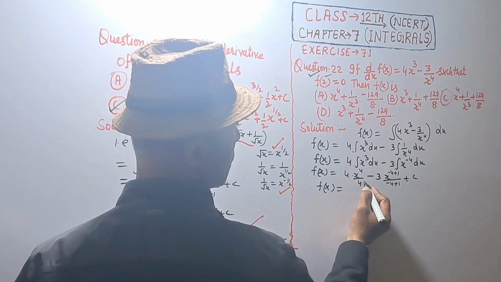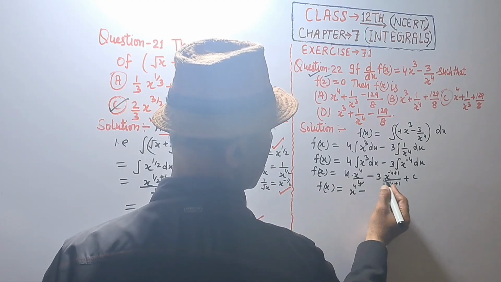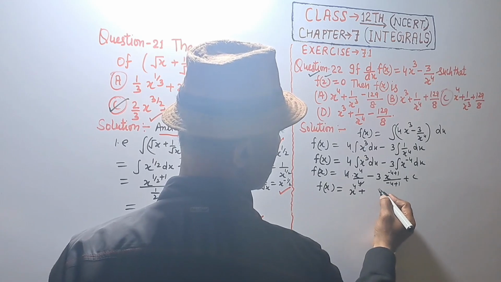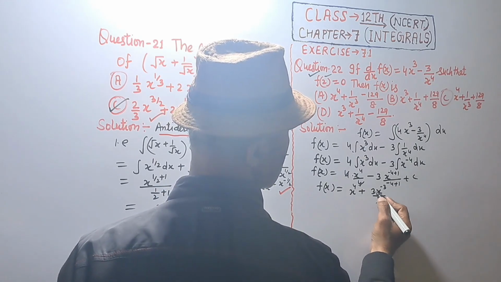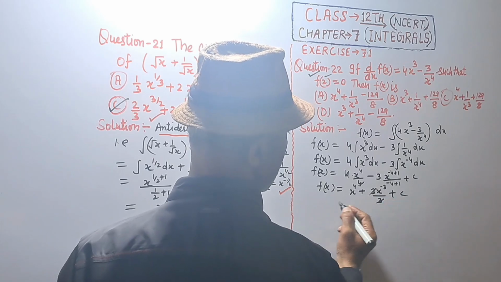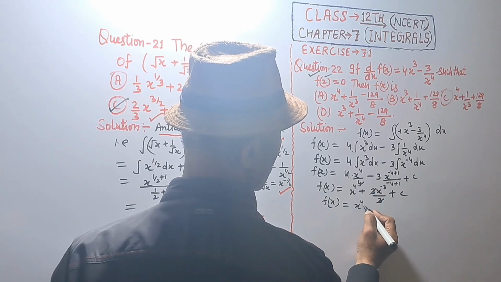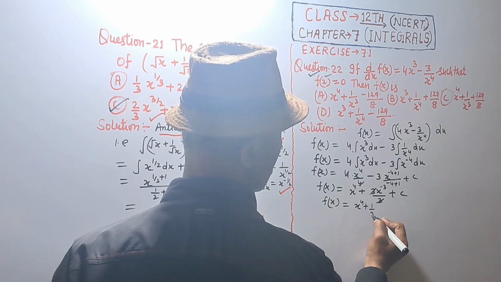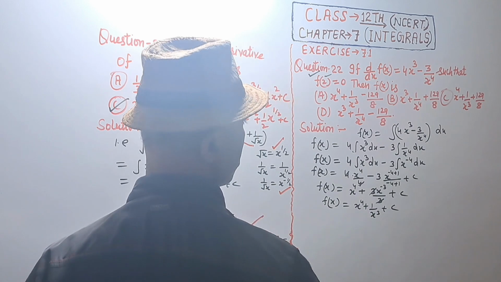So f(x) equal to 4 is cancelled, that is x raised to power 4, minus minus this will be positive, and 3 x raised to power minus 3 upon 3, this is cancelled, plus c. So f(x) we get x raised to power 4 plus 1 upon x raised to power 3 plus c.